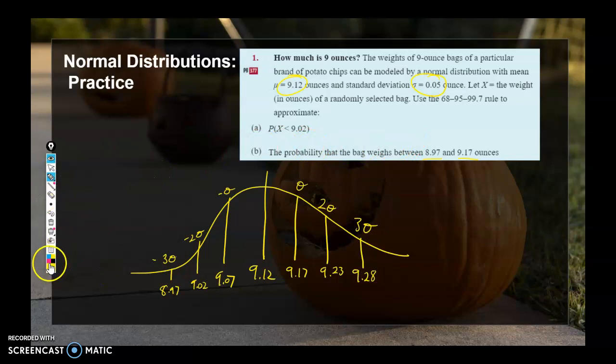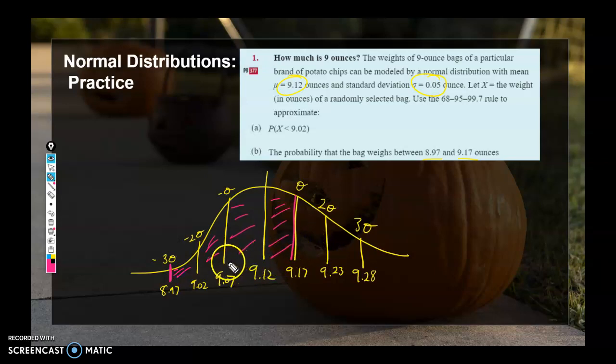Okay, and now what do I want to know? I want to know what's the probability that the bag weighs between 8.97, so here's 8.97, and 9.17, so right here. Okay, so I want to know all of this, right? Okay, well, what do I know?